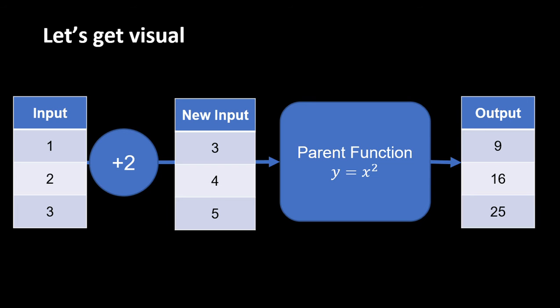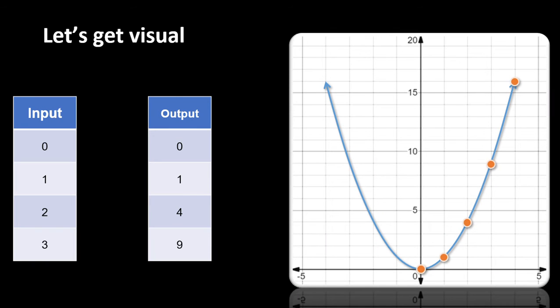And when 3 came in, we got 25 out because the function squared 5 instead of 3. Great, we can see what it looks like in a diagram. We can kind of see what it looks like in a table. But that still doesn't answer the question, why does all of that cause the graph to shift left instead of right? So let's get visual about this.